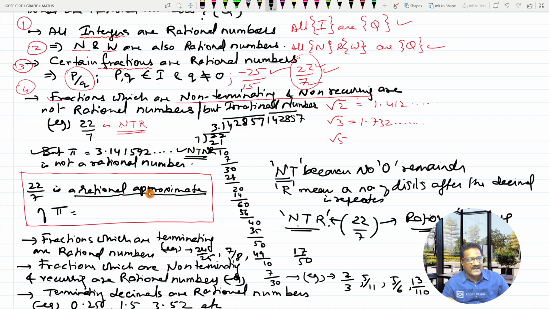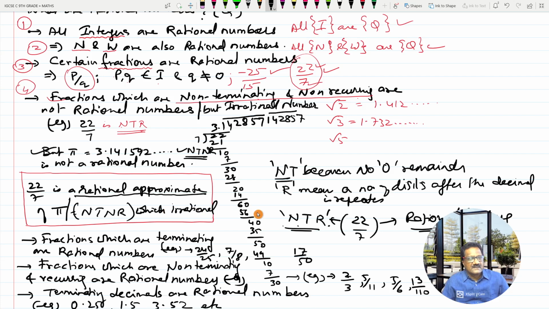NTNR means non-terminating, non-recurring. Such fractions are nothing but irrational numbers. So pi is an irrational number. But 22 upon 7, which we use as a substitute for pi, is actually a rational number. So you can say that 22 upon 7 is a rational approximate of pi, which is irrational.